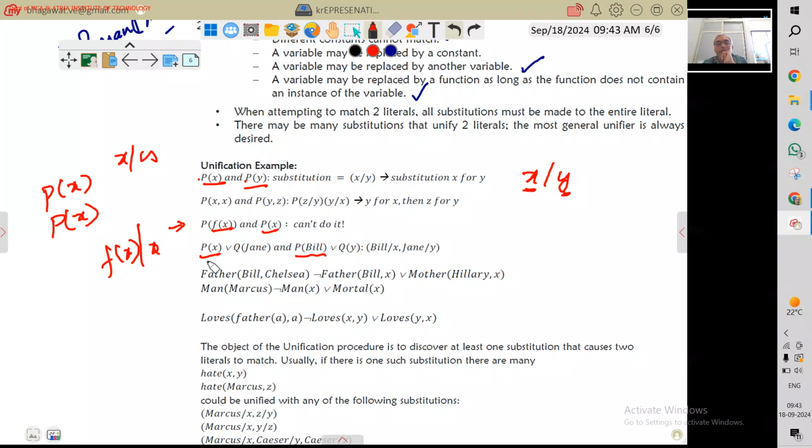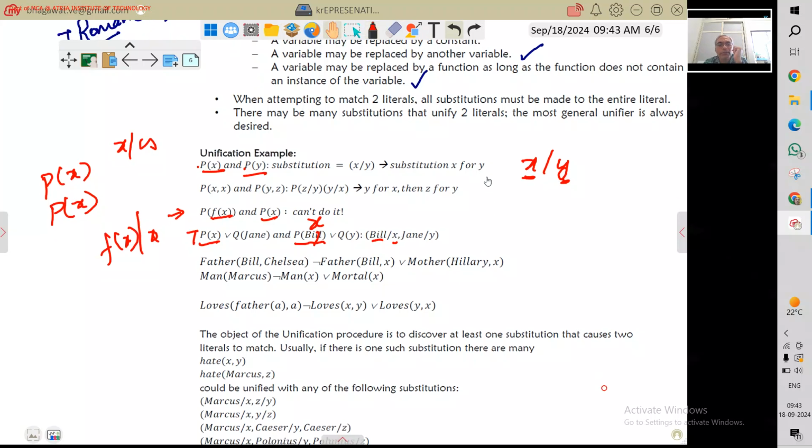Now we can replace the x with Bill. Then both become p of Bill. If suppose you have a negation symbol here, then both can be cancelled and we can resolve it. We can go to the next step in our resolution. So this is what we call the process of unification.